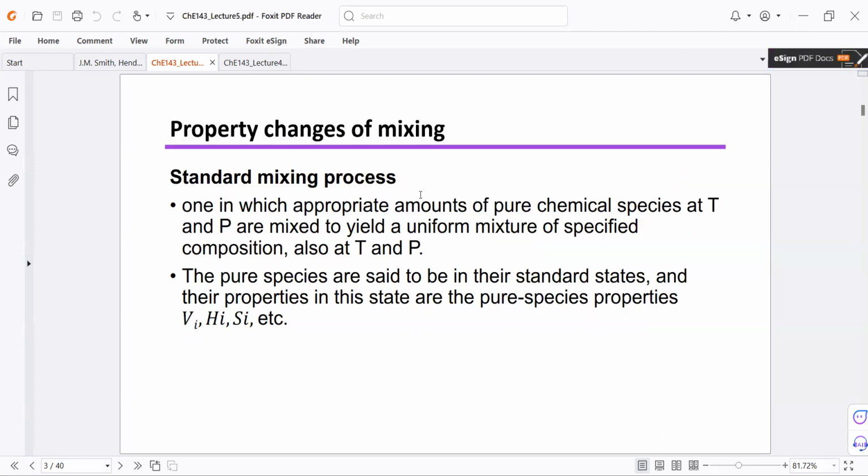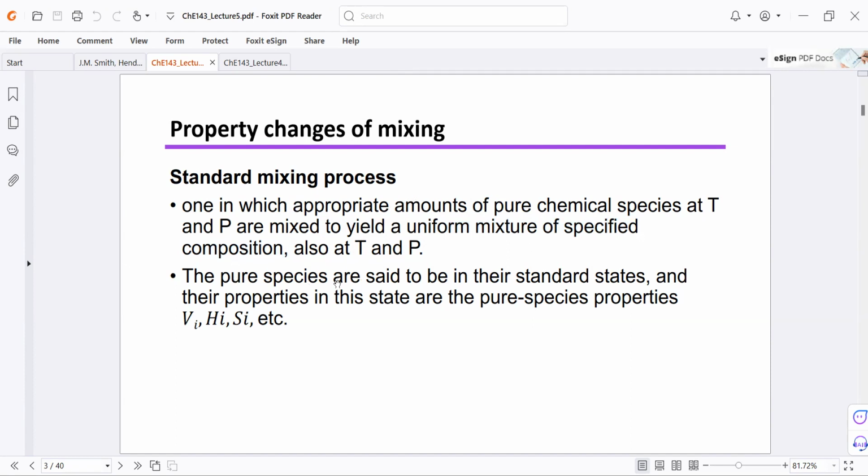First, let's discuss the property changes of mixing. So in a standard mixing process, an appropriate amount of pure chemical species at a given temperature and pressure are mixed to yield a uniform mixture of specified composition. So the mixture has a specific composition at a certain temperature and pressure.